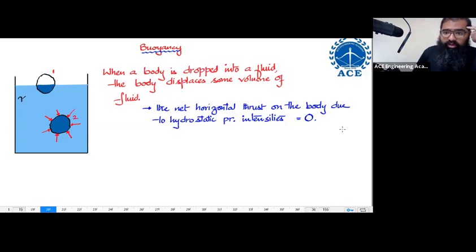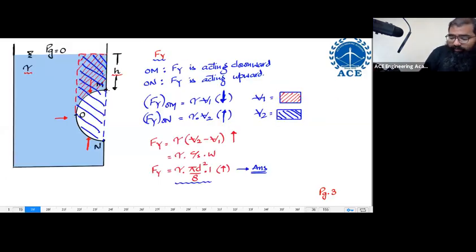Then there is going to be a vertical thrust. Will the vertical thrust be zero? No. Look at the previous slide. The upper portion was experiencing downward force and the lower portion upward force. The downward force was less because the volume above is less, and the upward force was more because the volume below is more.